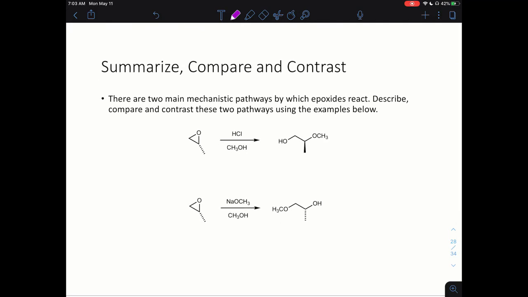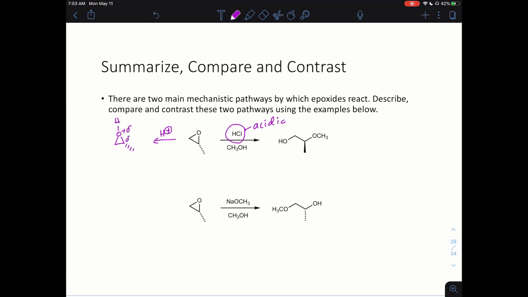So there are two mechanistic pathways by which epoxides react. We are going to describe them, compare them, contrast them. This video has run super long, so you're going to do some of this on your own. But very quickly, we have an acid, okay? So under acidic conditions, protonation occurs first. The protonated epoxide is the active electrophile.